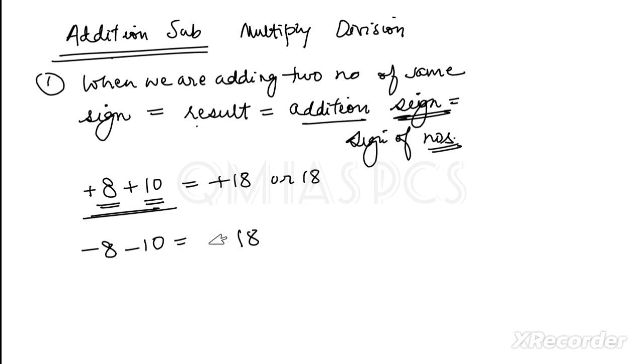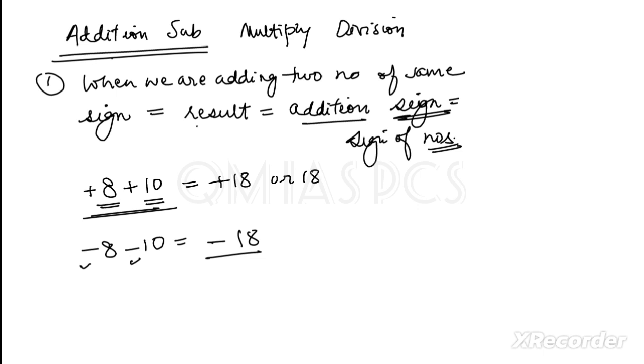So if the same sign is plus, the answer will be plus, and if the same sign is minus, the answer will be minus. When both signs are the same, we are doing addition. Is it clear?